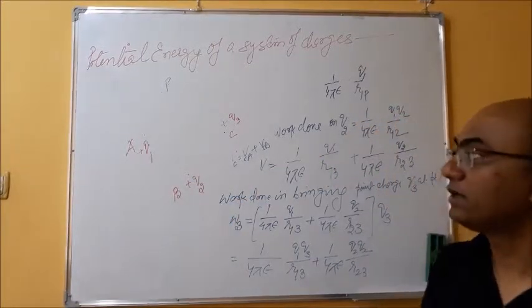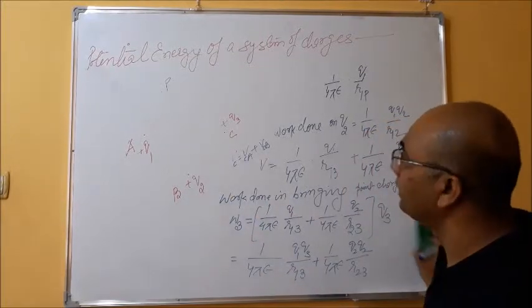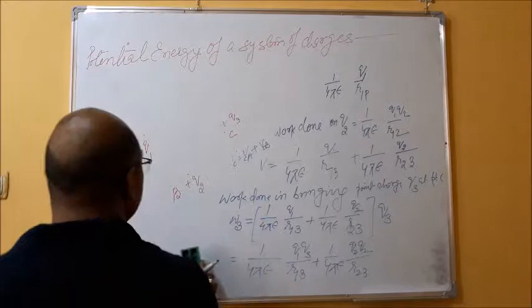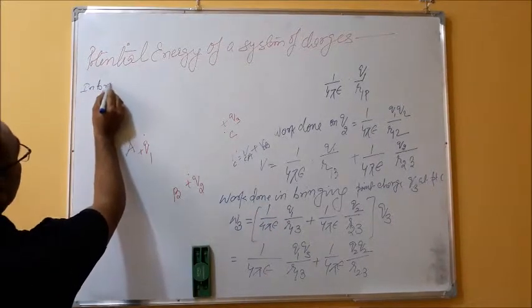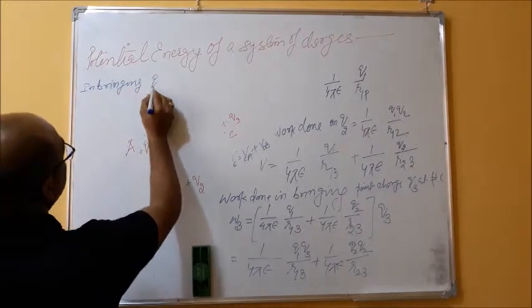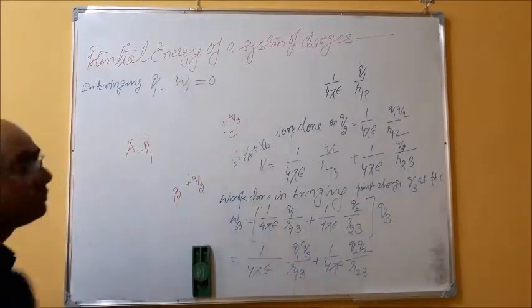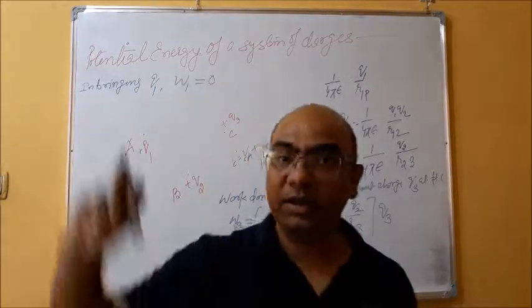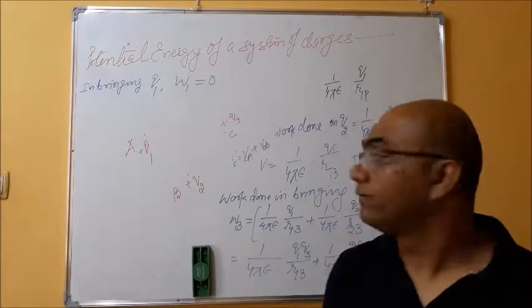Since there is no electric field, in bringing Q1, the work done is 0, right? So in bringing the Q1, the work done is 0 because there is no electric field.